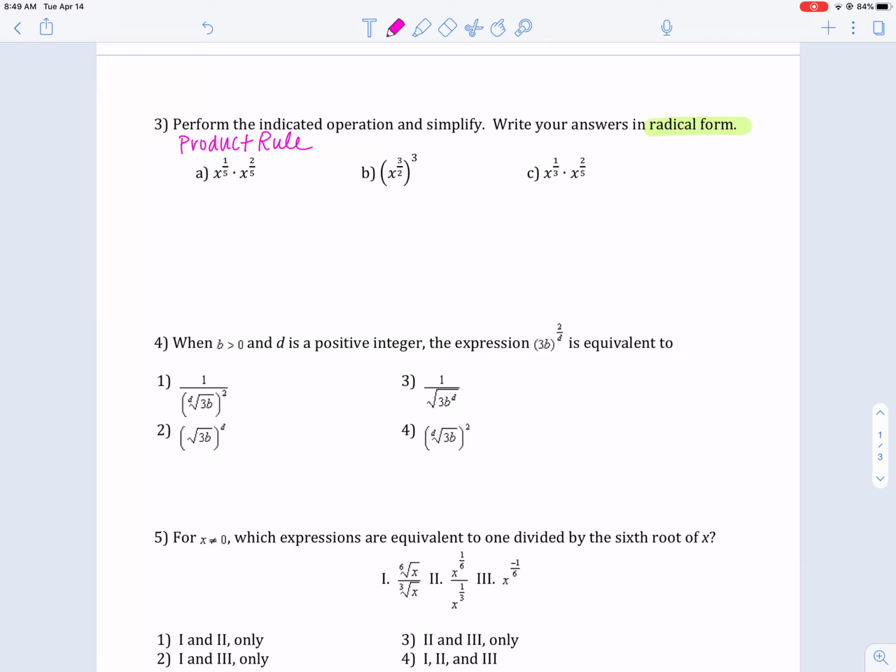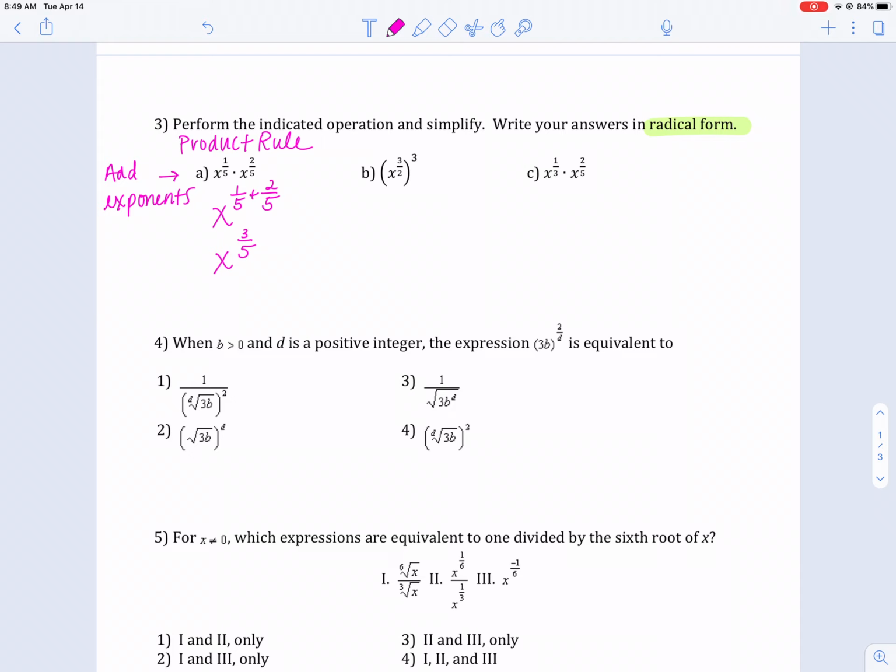And your product rule states, when you see multiplication, we add exponents. Okay? So that means we keep our base and we take 1/5 plus 2/5. So that would be x to the 3/5. Now, we don't want it in rational exponent form.